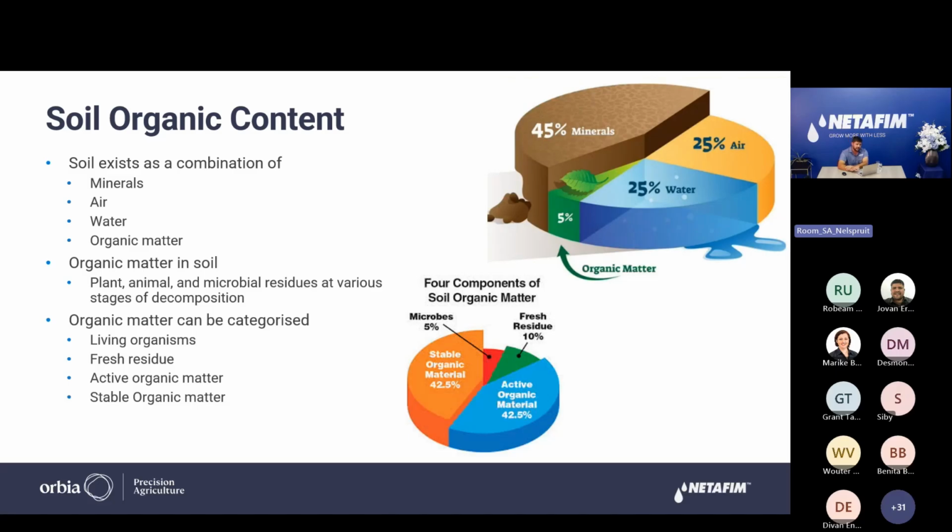I would say it's mostly below 2%, even below 1%. And then the ratio between air and water is not constant, it fluctuates. The more water you put in, the more air you drive out. And as your soil dries out, more air comes into your root zone.